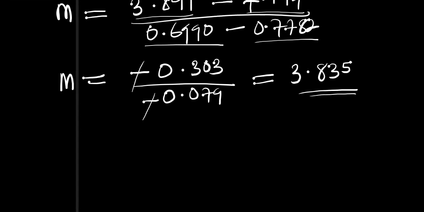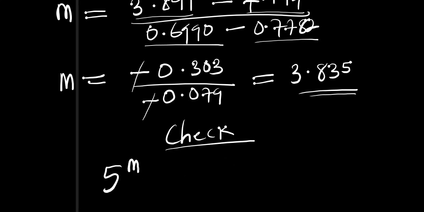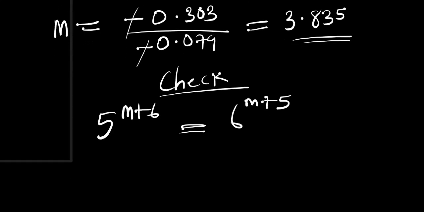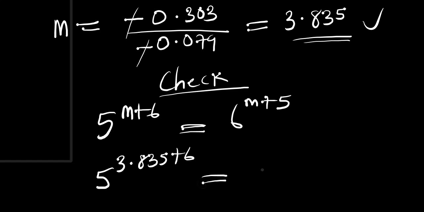For you to check if what we have solved is correct, you have here check. What you have to do is simply insert this value for m in the original equation. We have 5 power m plus 6 equals 6 power m plus 5. That means since our m is this, we are going to have 5 power 3.835 plus 6 equals 6 power 3.835 plus 5.